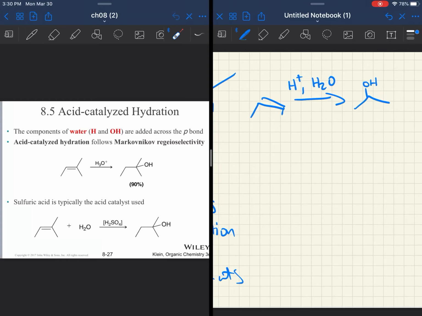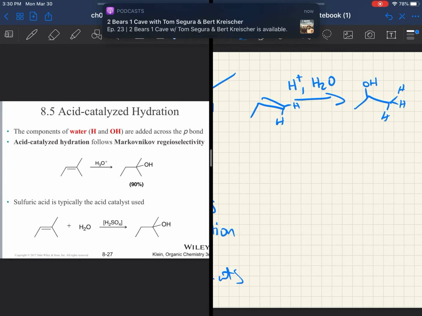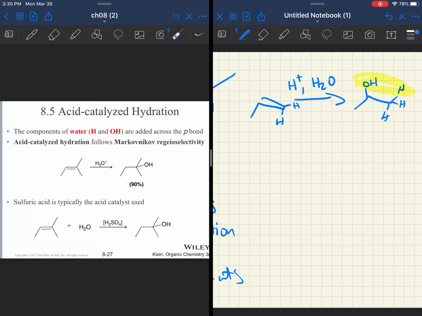And we're going to add that OH to the more substituted side. And of course, there were 2 hydrogens on that double bond, on that carbon at the end, and now there are 3, right? Because we added water across the double bond, right? The OH and the H.